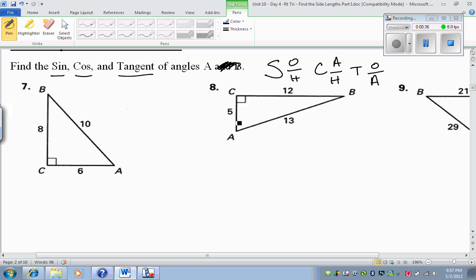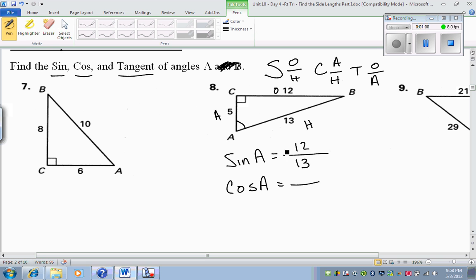So if I'm only working with angle A, what I want to do is label hypotenuse, opposite, and adjacent. Very quickly, sine of A equals opposite over hypotenuse. That's 12 over 13, and that's all they wanted. Cosine is adjacent over hypotenuse.